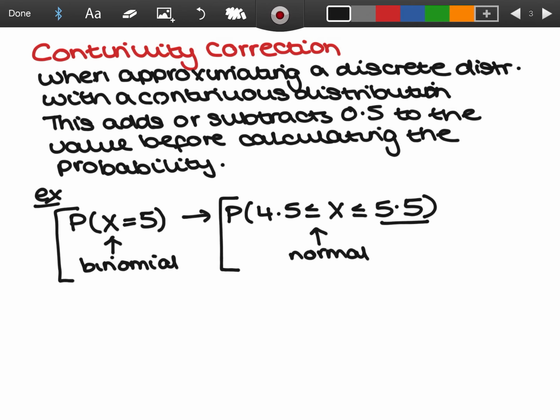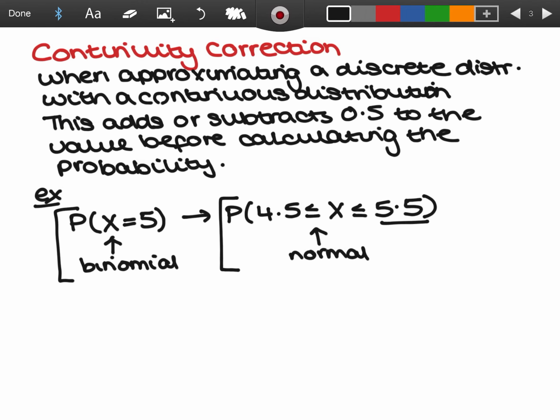The reason we can go up to 5.5 here is the probability that it's exactly 5.5 in a normal continuous distribution, remember, you cannot have a probability that it's exactly some value in a continuous distribution. It doesn't work. There is no probability of an exact value in a continuous distribution. We have to have a probability of a range of values.